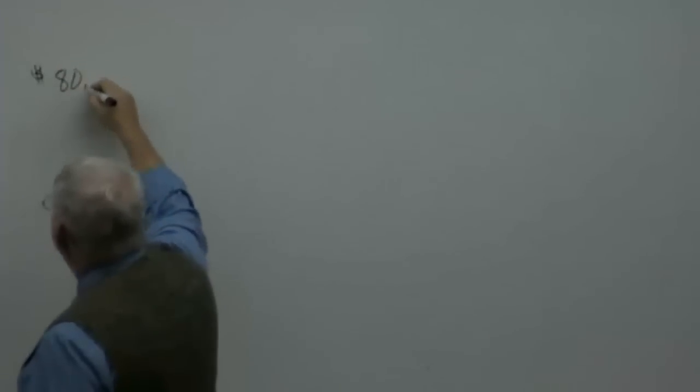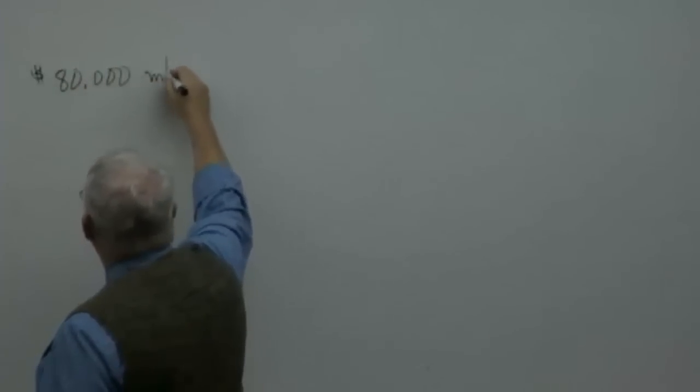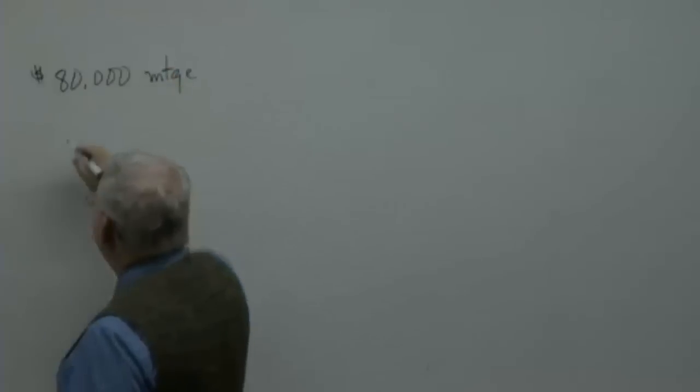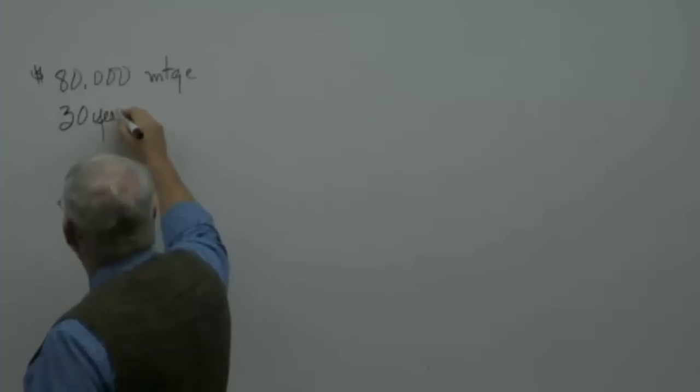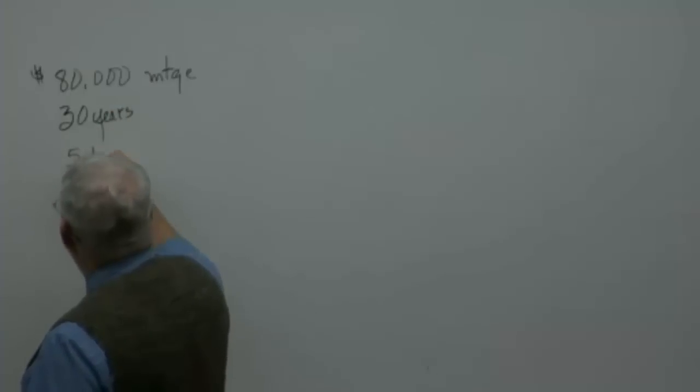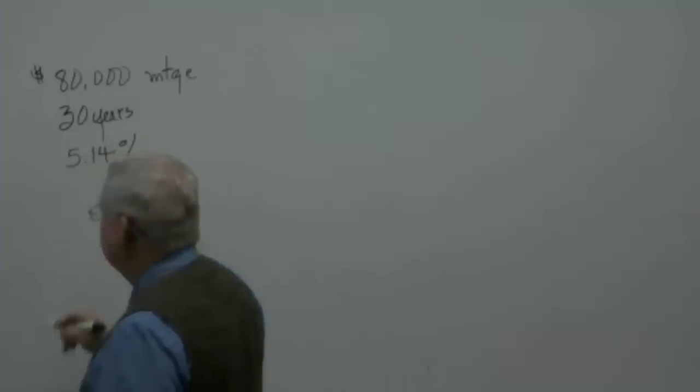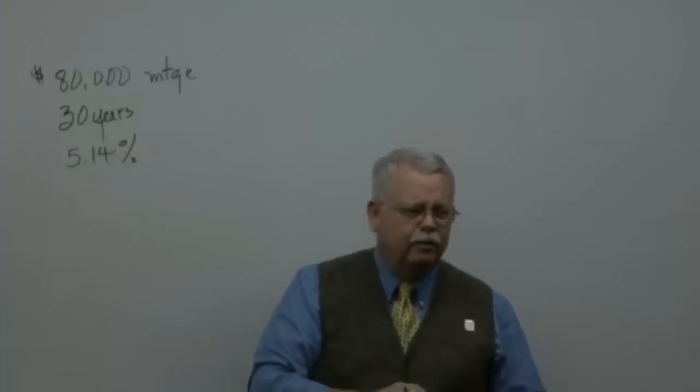Here's the deal. You want to take out an $80,000 mortgage. You want to finance it for 30 years. And the bank says, we'll do this for you at a rate of 5.14% annual rate.